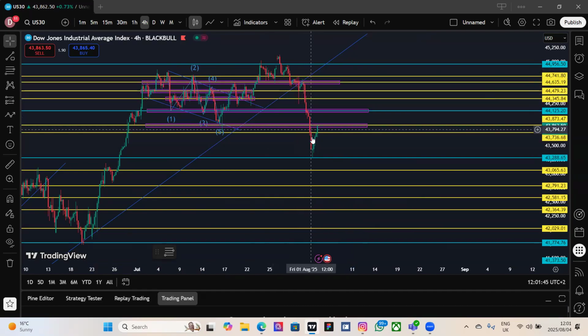This was a really crazy drop. Then it came back and touched this level, which was 43,288, and continued. I think potentially what I am expecting is this bearish momentum within the next month or two.